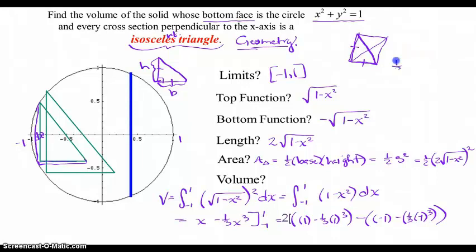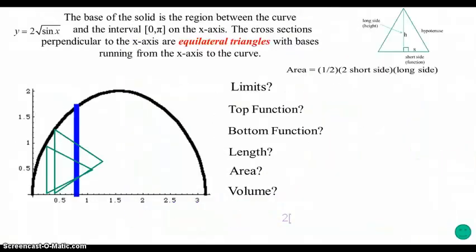It's just half of the previous volume that we found in the last example. And you can do it either way. You can find your area as half of a square, which is kind of sort of what we did here, and then plug it in and find your volume. Or you can go through and do what we did, which was to find the base and the height and so forth. So one final example I want to work through. And this is where the geometry is a little bit different.